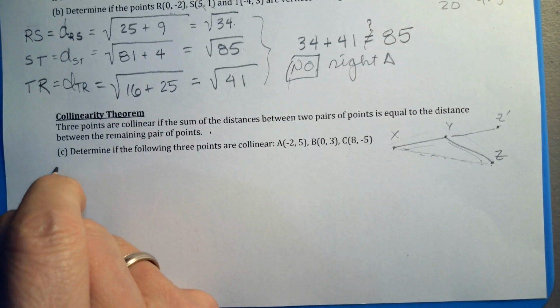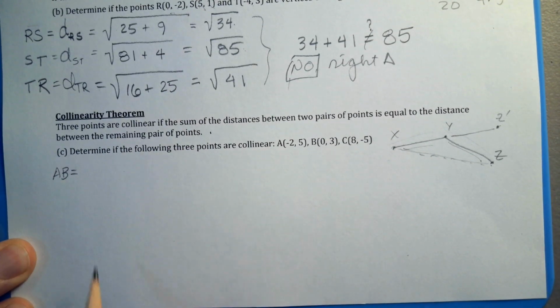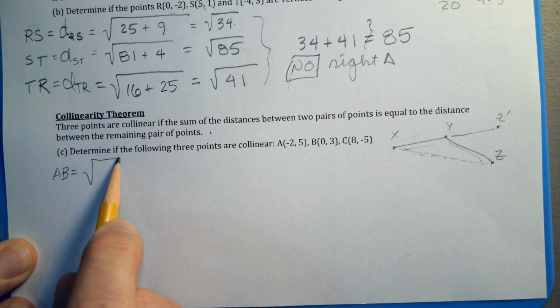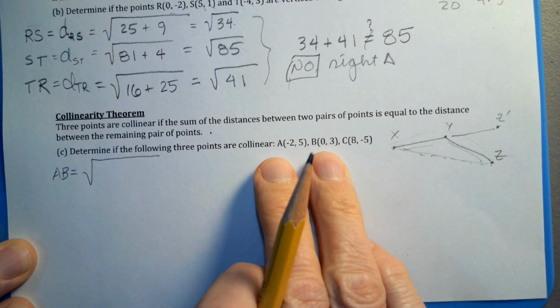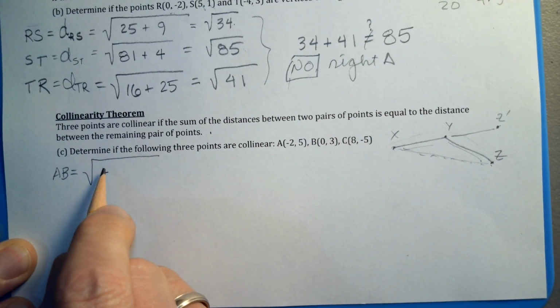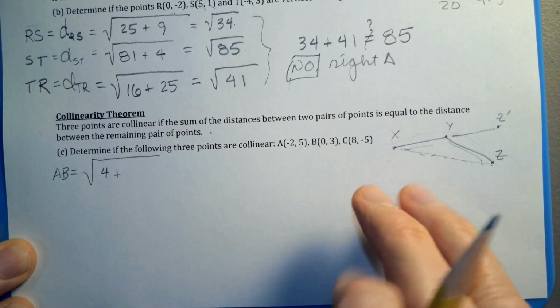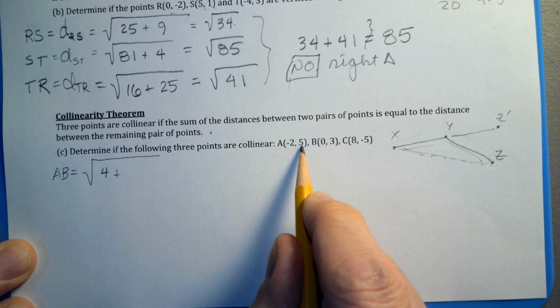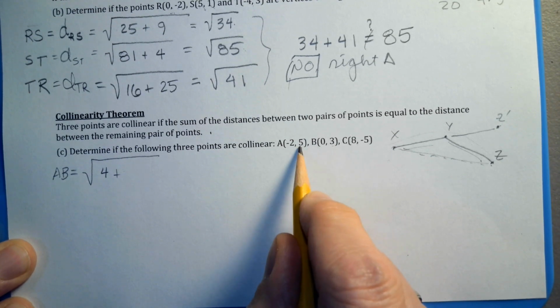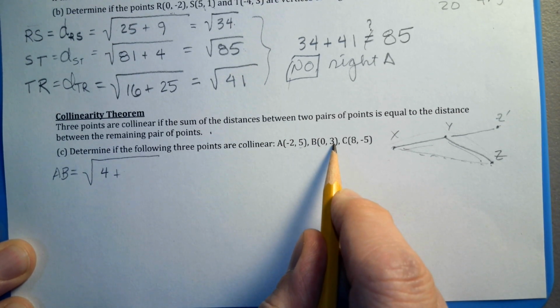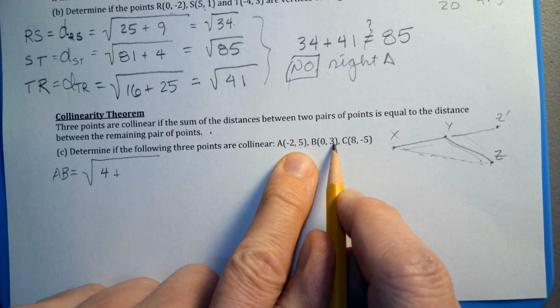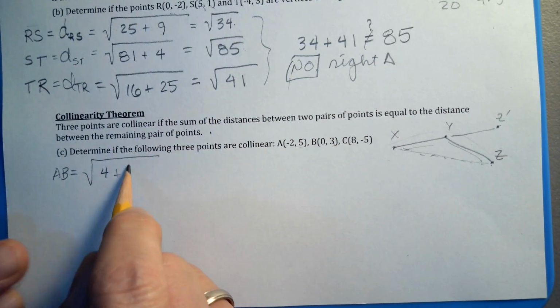This time let's just call it AB. All right, so AB is the distance. That's going to be -2 squared, which is 4. And then the difference in the y's is going to be 2, and that's squared, and that's 4.